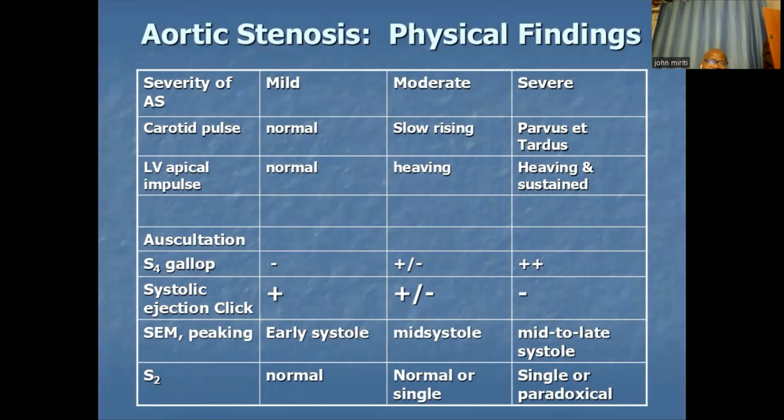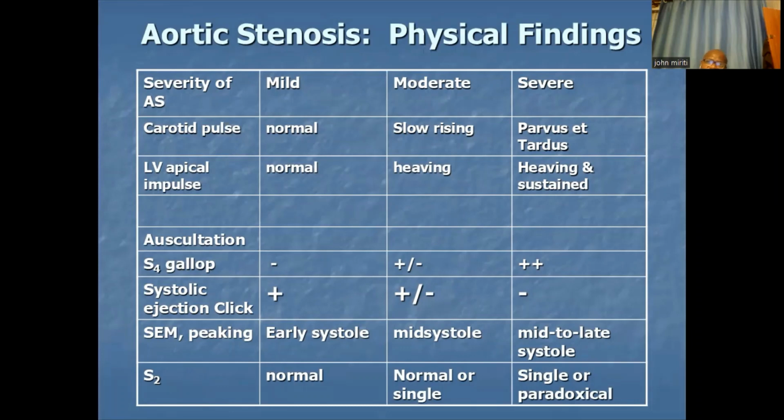The carotid pulse is normal in mild cases, rising in moderate, and in severe cases it is a slow pulse with a thrill. The left ventricular apical impulse is normal in mild, then enlarged in moderate, and then enlarged and sustained.